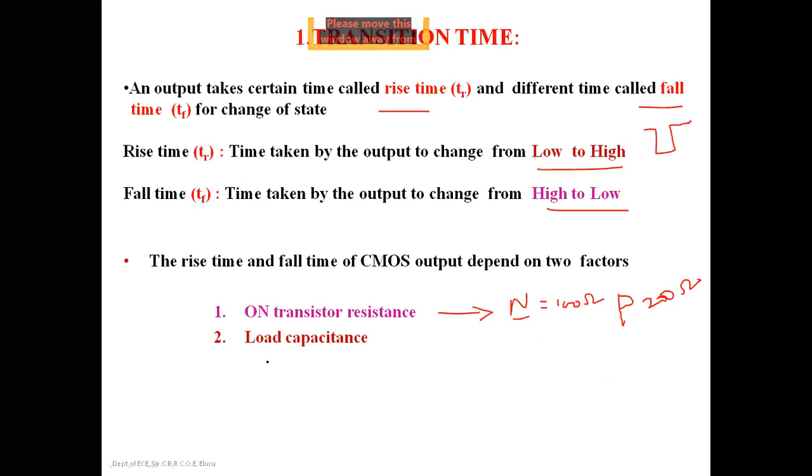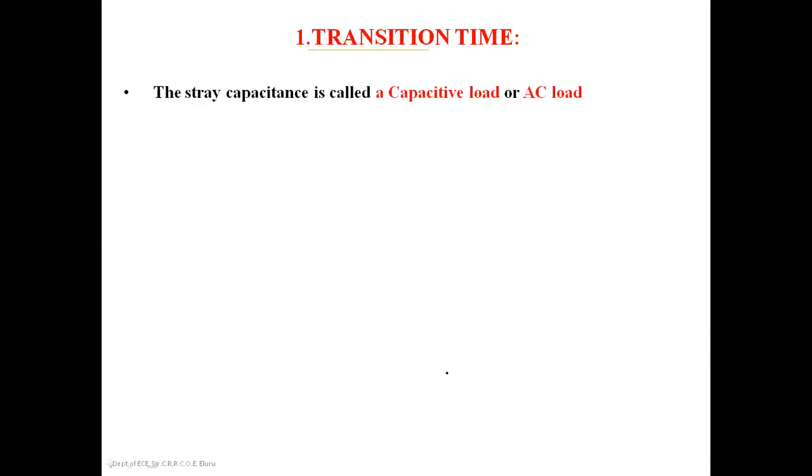And the second factor is the load capacitance here. The load capacitance is nothing but the stray capacitance. The stray capacitance is also called the capacitive load or the AC load.